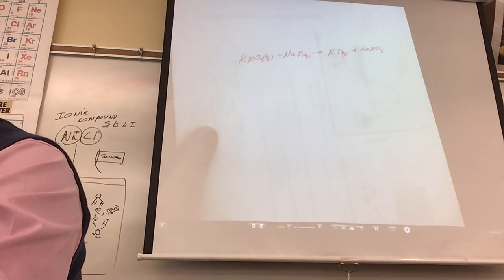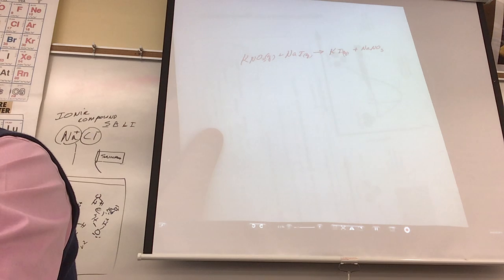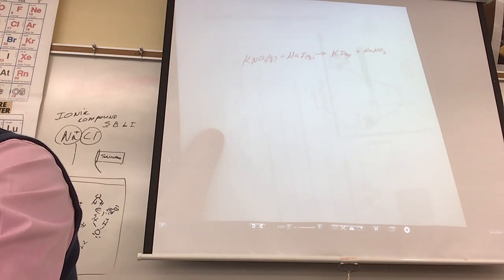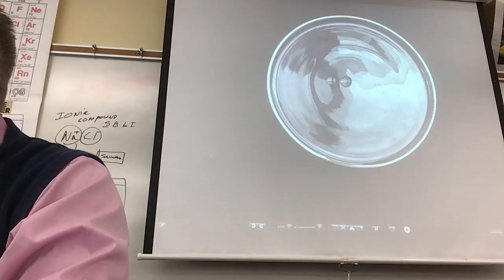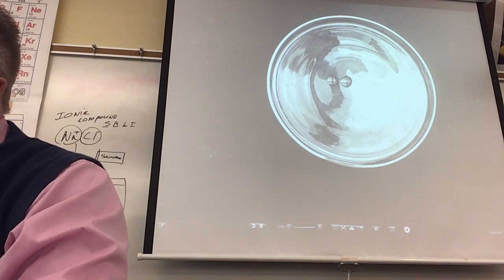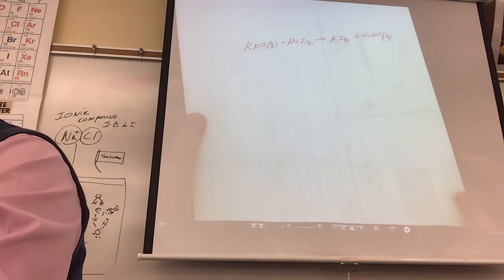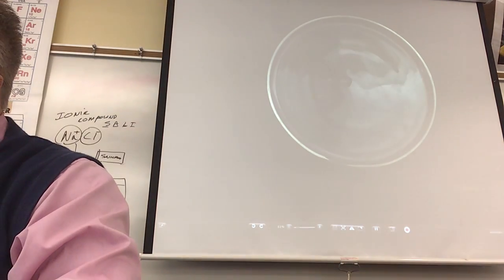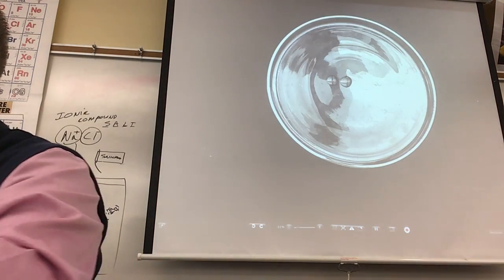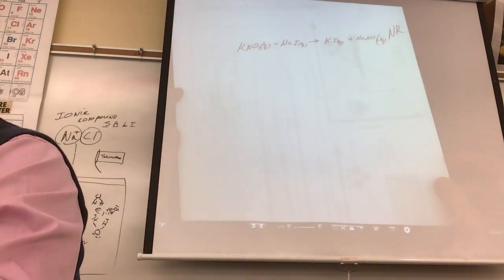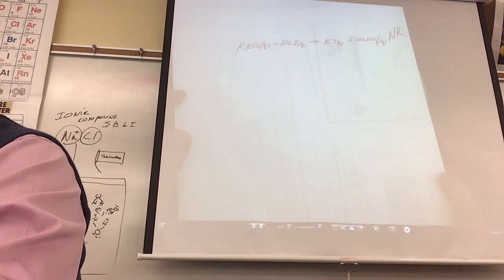Now, what about the other one? Sodium nitrate. Today you're probably going to look it up, but by the time we do the test, you'll say, I remember that all sodium salts are soluble. And you know what we put on this one? I'd put a big old NR. What's NR mean? No reaction.